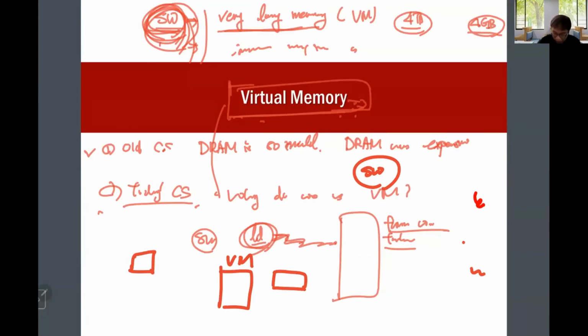So the operating system or hardware just provides the virtual memory space, okay? This is very large, and the software does not consider memory spaces in the main memory. It means that in computer systems, many processes are running.